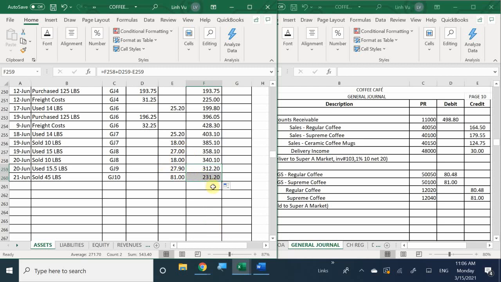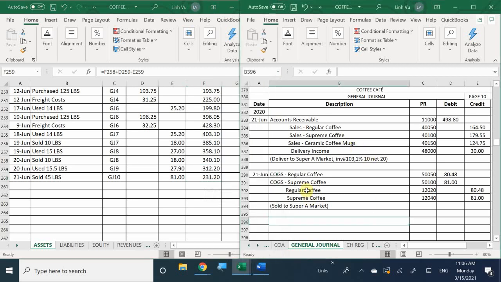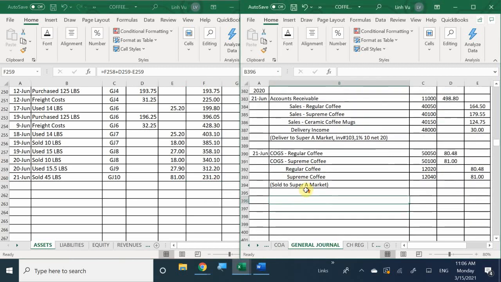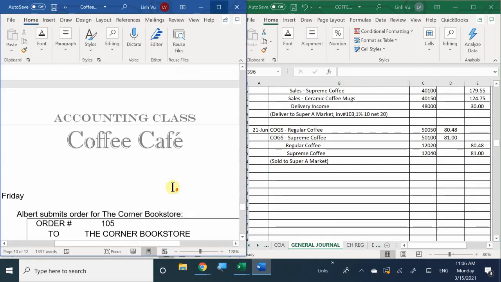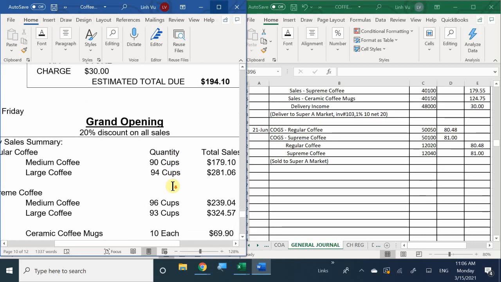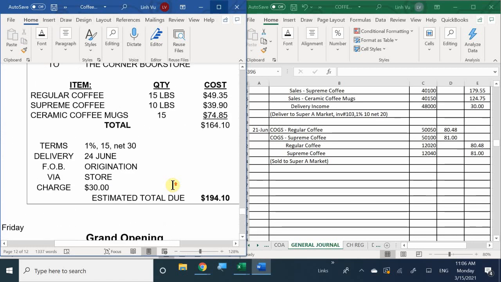Perfect. Good. 231.20. Good. All right. We updated the commissions on this guy. We also sold. Okay. What's next? Yep. What's next?